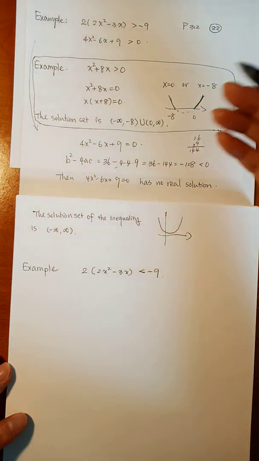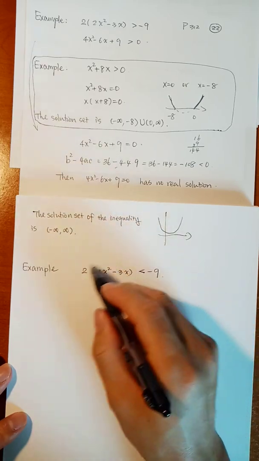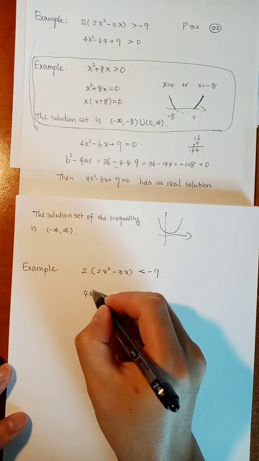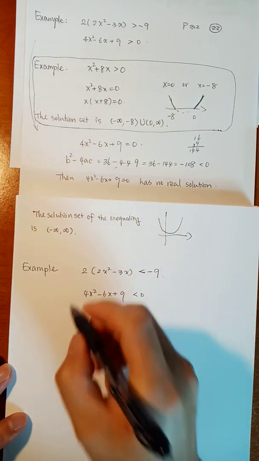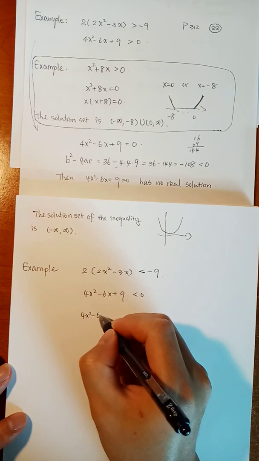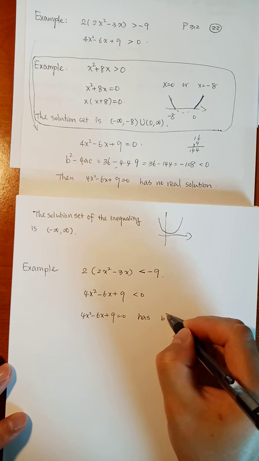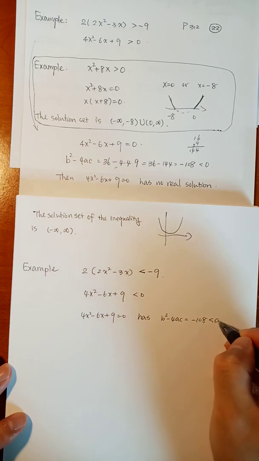Whatever x, you always have the greater than case. But what happens if you originally get the less than case? First you organize it in the standard form, and then you solve the corresponding quadratic equation. You get b squared minus 4ac equal to negative 108, less than 0.